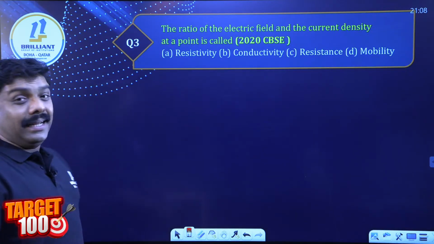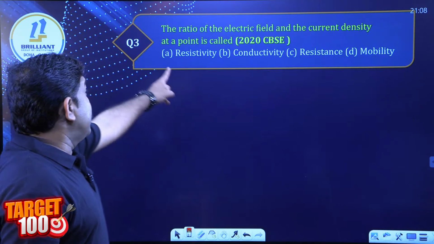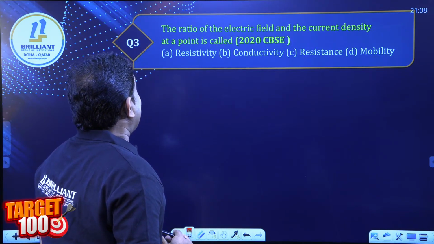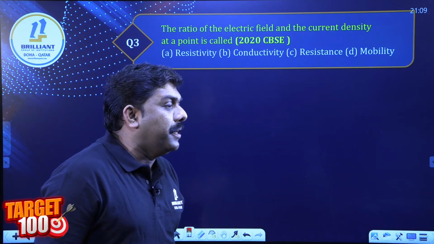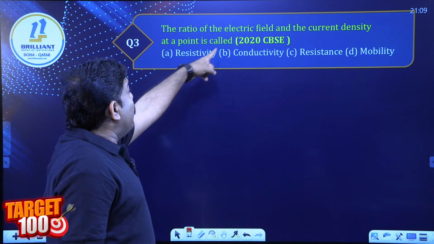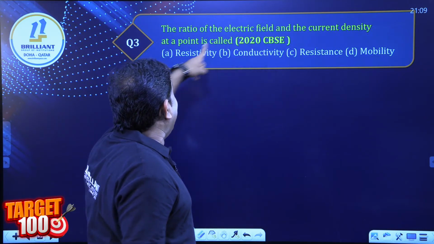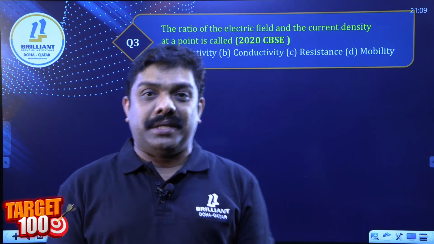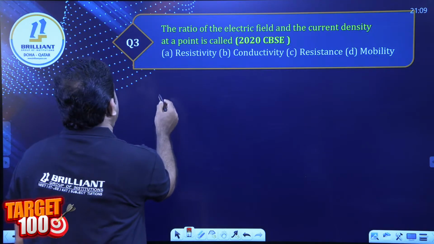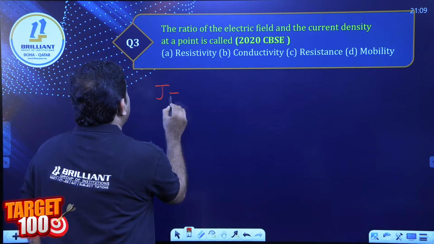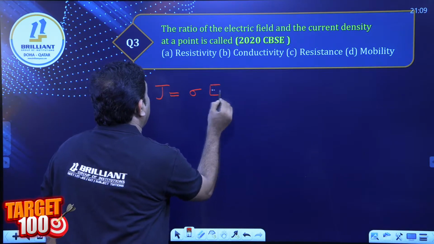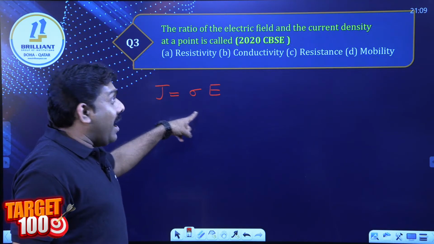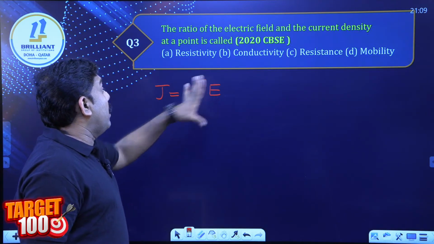Now we are trying the next question. The ratio of electric field and the current density at a point is called. We studied the relation in current electricity: J equals sigma E, where J is current density, sigma is conductivity, and E is electric field.